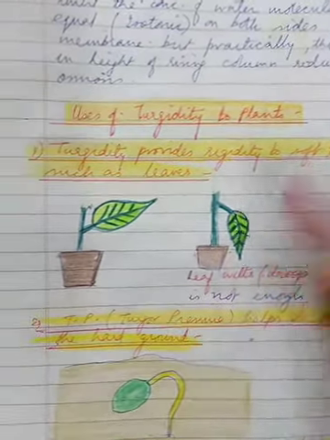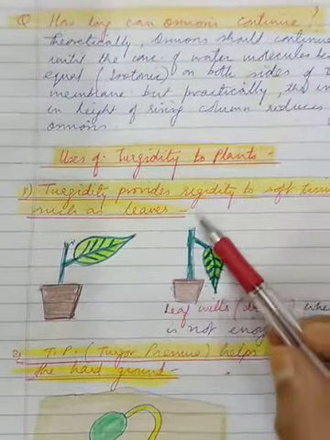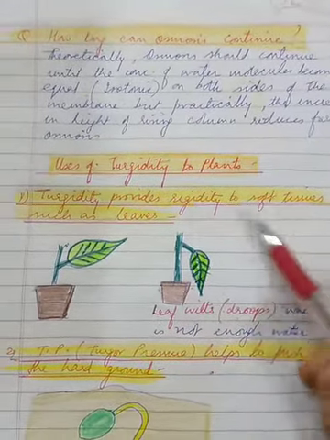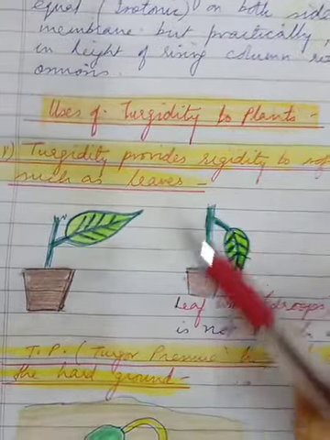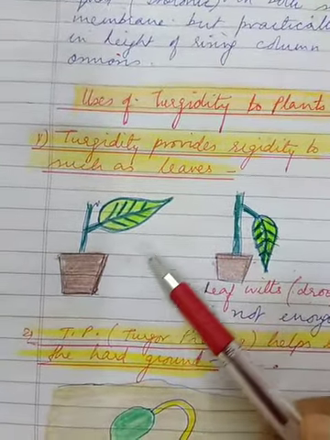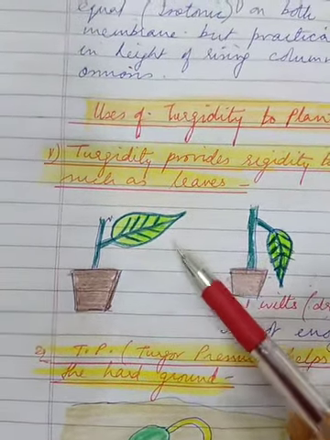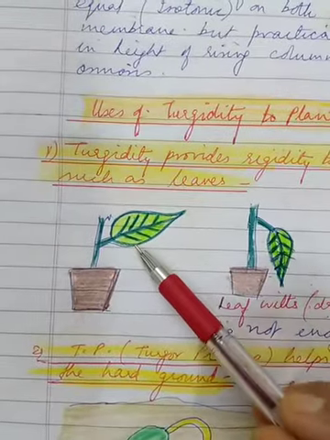So, the first use of turgidity is that turgidity provides rigidity to soft tissues such as leaves. Now compare this diagram, children. In this, you can see that when enough water is available, the leaf is oriented at a right angle to the stem.